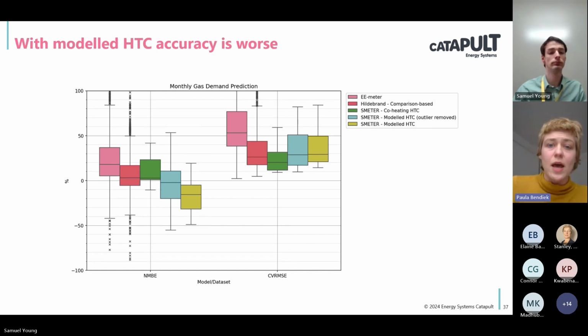So if we now use our estimated HTC value, not our co-heating HTC value, but our estimated value, we can see on the right-hand side in blue and yellow that we're getting a bit less accurate with the prediction.